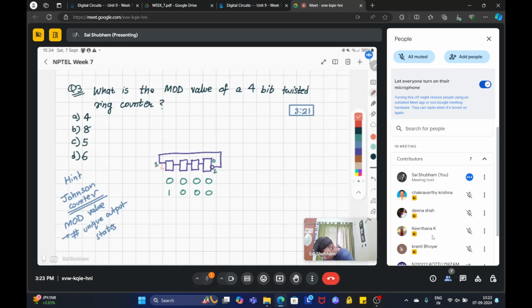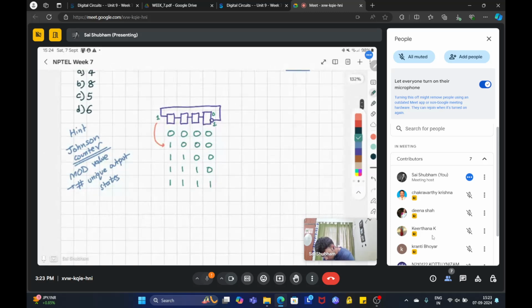Okay, so this is appearing over here. Fine. Similarly, this will be the pattern. And then it will go to the previous state, to the first state.